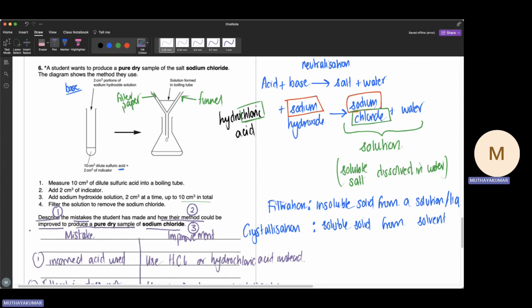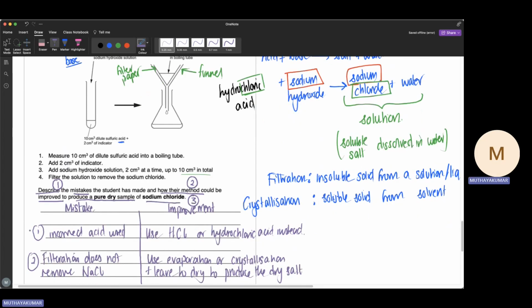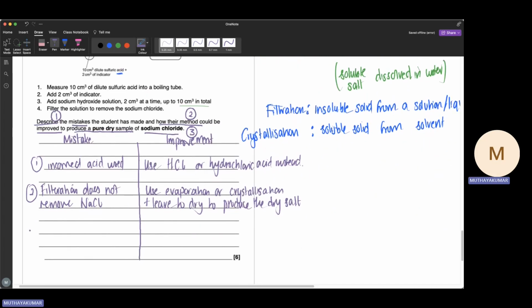You note down that volume, and then you would repeat the experiment again, just adding the exact volume of sodium hydroxide that you needed. And this time you wouldn't see a color change because you don't have indicator. As a result, when you evaporate or crystallize the product, you won't have that indicator in your solution. So number 3, indicator is still present.